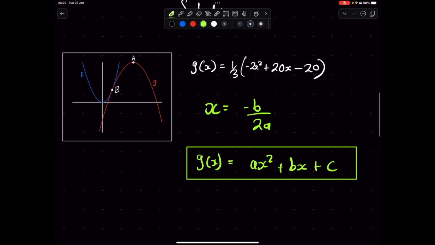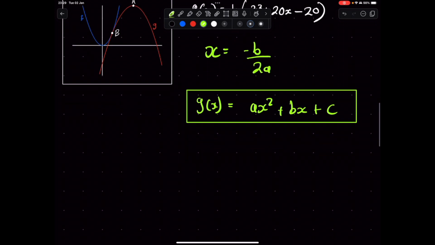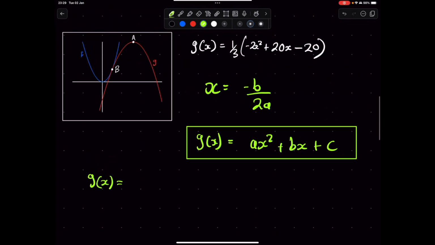So what we have to do now is expand this g of x and write it in this form right there. We're going to multiply the 1 over 3 into the equation. So we have g of x is equal to, now how do I make this thing disappear? Oh, technology.